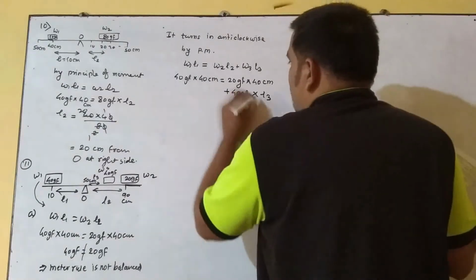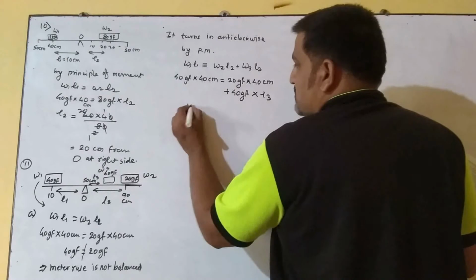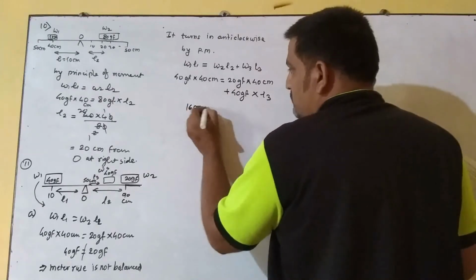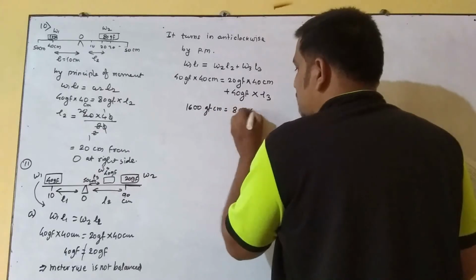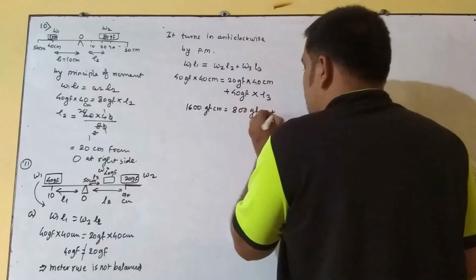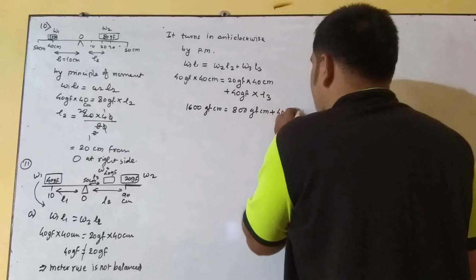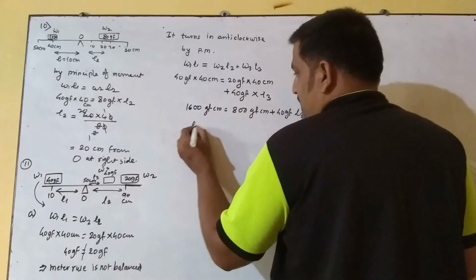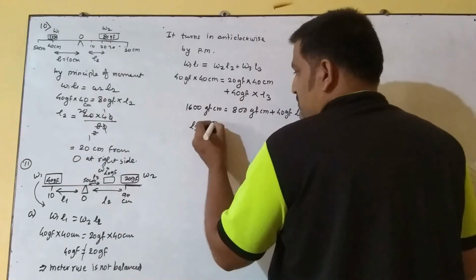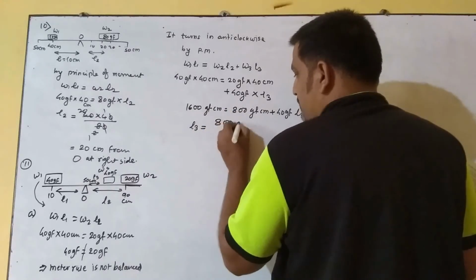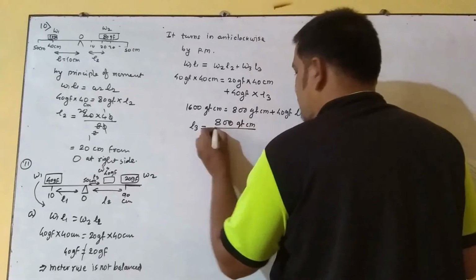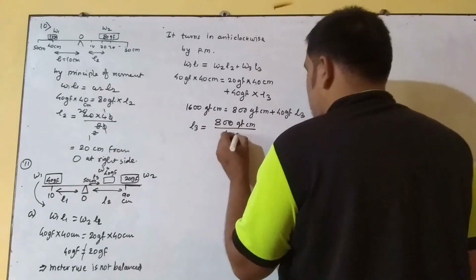So in this way this is 1600 GF cm and this is 800 GF cm plus 40 GF L3. So L3 is equal to 1600 minus 800, that is 800 GF cm divided by 40 GF.